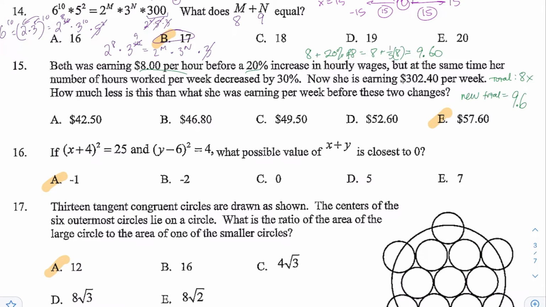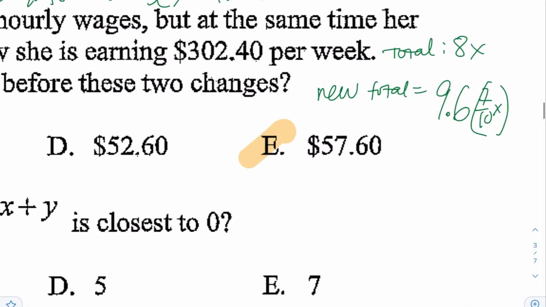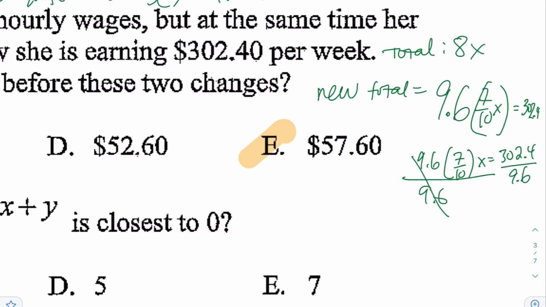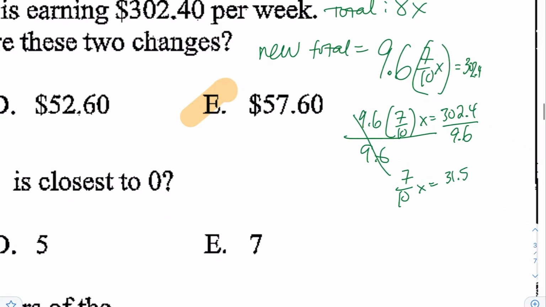So instead of X hours a week, you only have 7/10 of X hours a week. So this is your formula that you can use to calculate X. So 9.6 times 7/10 of X is equal to 302.4. Here you can divide by 9.6 on both sides. So we have 302.4 divided by 9.6. You get 31.5. So 7/10 of X is equal to 31.5. From here you can multiply both sides by 10/7, the reciprocal.